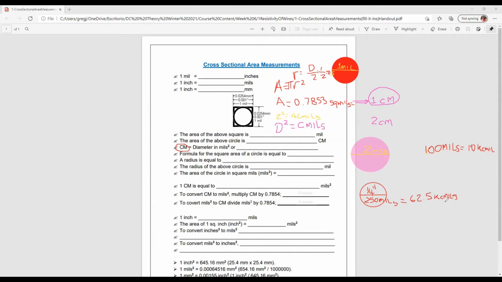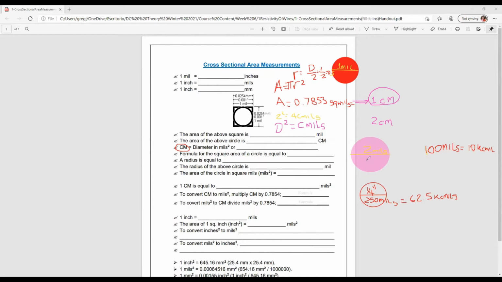Now, just to finish with all this, if we were going to take the 2 mils that I was telling you about in the beginning, let's find the square area in mils for this new conductor.